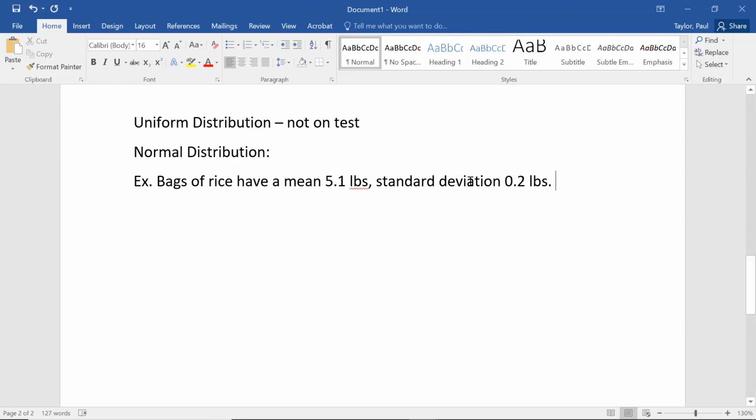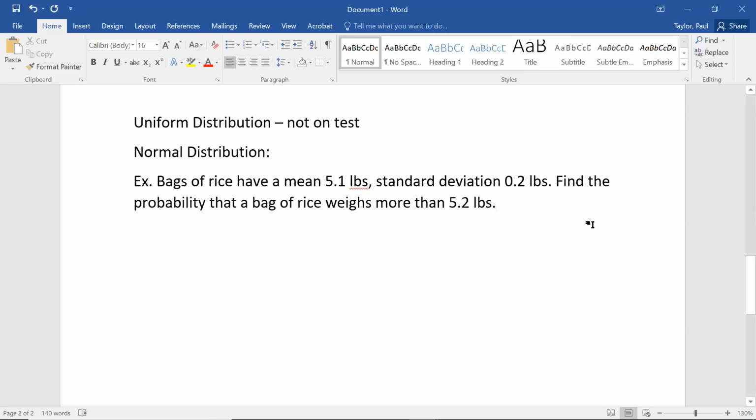Sometimes I might give you the variance, and then you'd have to take the square root to get the standard deviation to put into Minitab, but this time I'm just giving us the standard deviation. So find the probability that a bag of rice weighs more than 5.2 pounds.